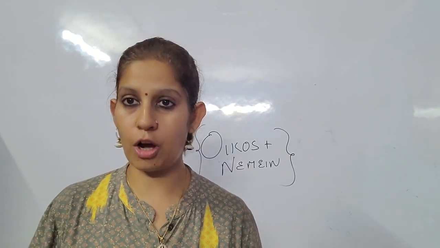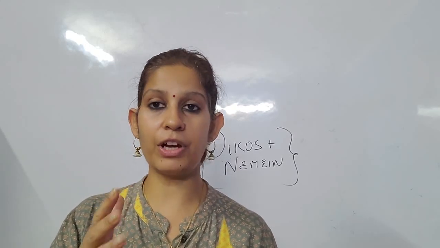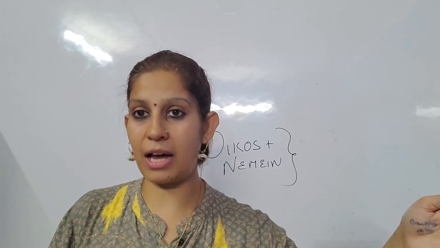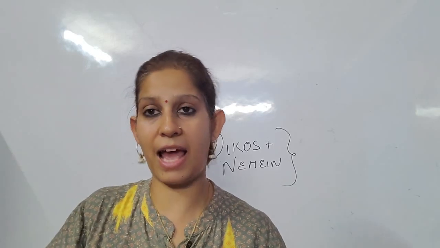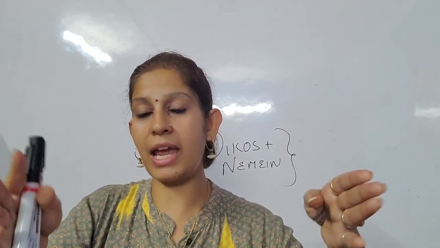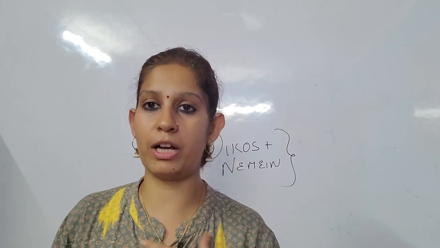So what is economics? Economics is the art of studying the behavior of mankind between limited means, which are the scarce resources, and the ends, that are the unlimited wants. In between these two, those limited resources have alternative uses, so we have to make a choice.